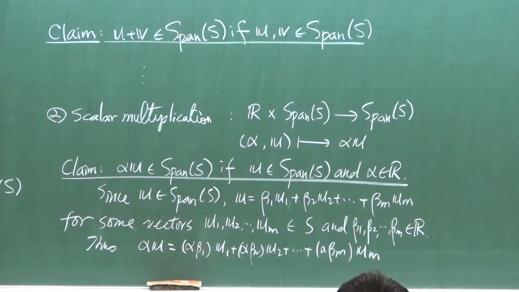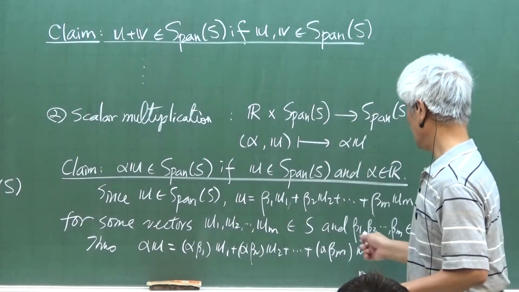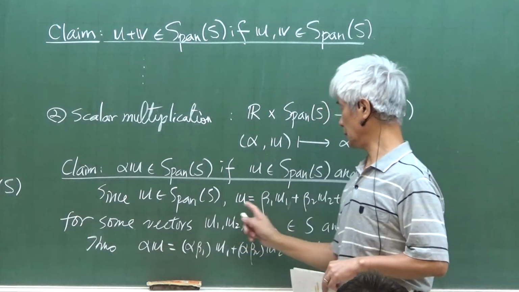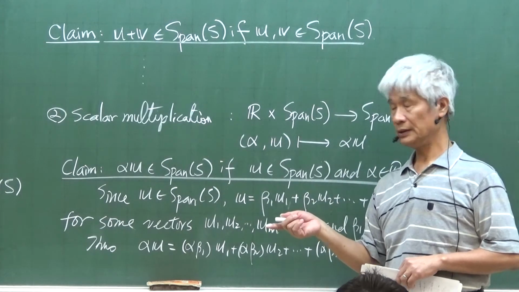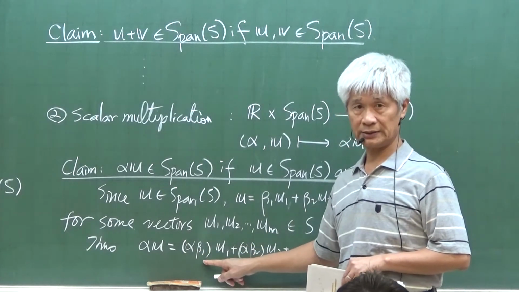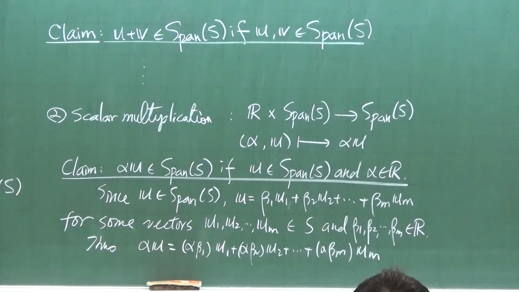Okay, so actually we use the distributive law of scalar multiplication as well as the associative law of scalar multiplication. So we actually use axiom 5 and axiom 6 for a vector space mentioned before. Because we gave 7 axioms, right?